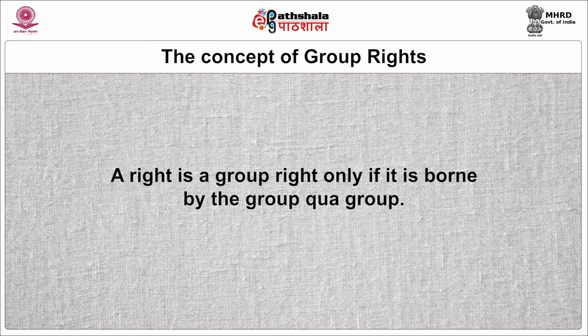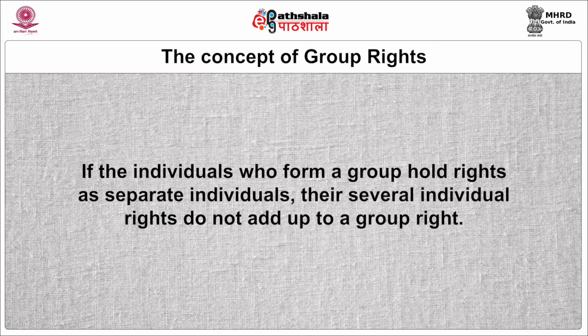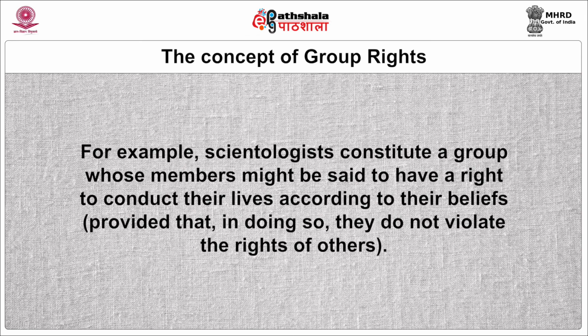A right is a group right only if it is borne by the group qua group. If the individuals who form a group hold rights as separate individuals, their several individual rights do not add up to a group right. For example, Scientologists constitute a group whose members might be said to have a right to conduct their lives according to their beliefs, provided that in doing so they do not violate the rights of others.